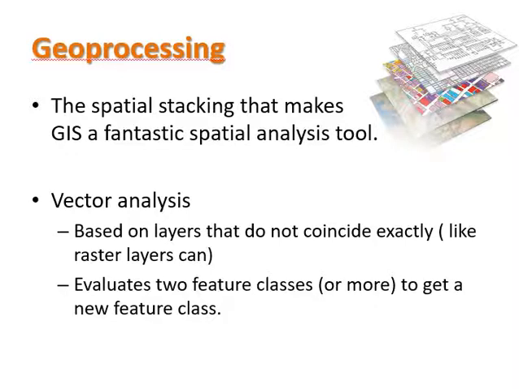But vector layer is really based on geometry that doesn't coincide. So my polygons for my land zoning types are going to be a little different shape and size than my polygons for wetland areas. So these processes work for those types of data.